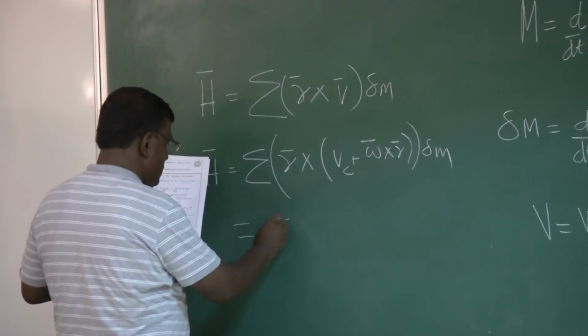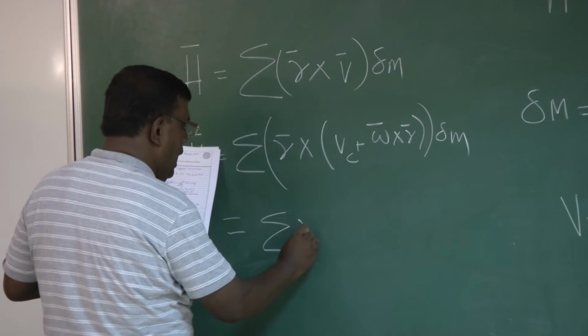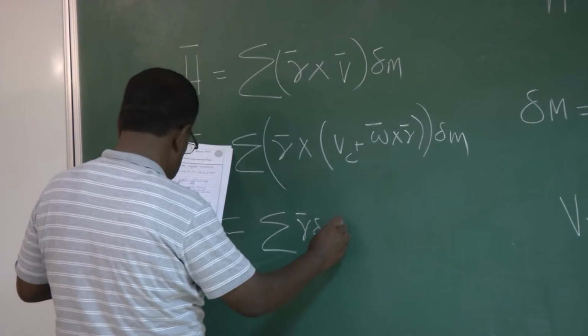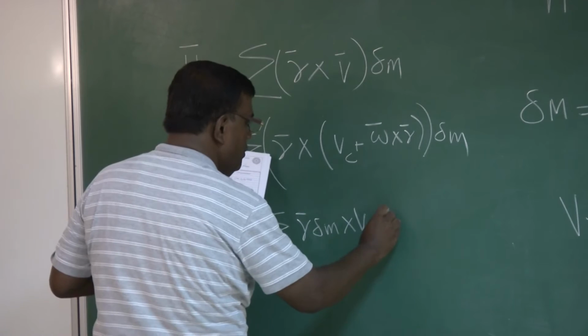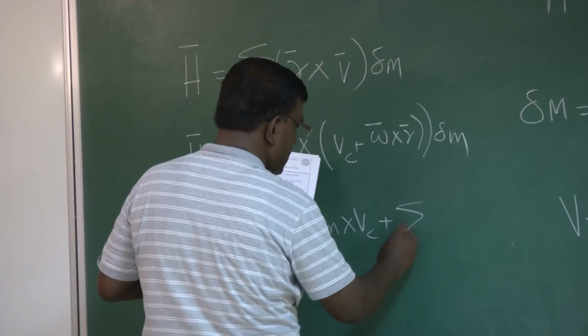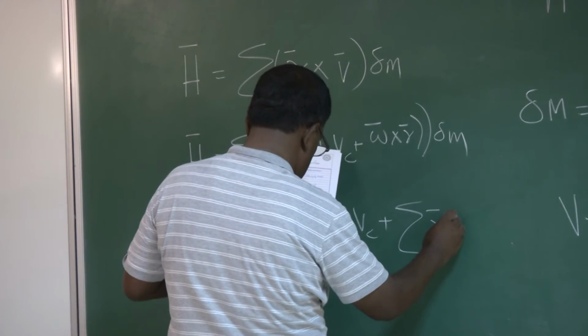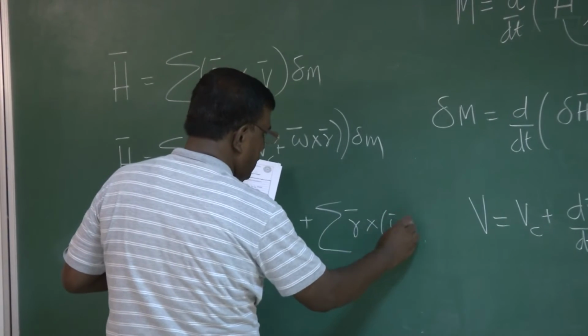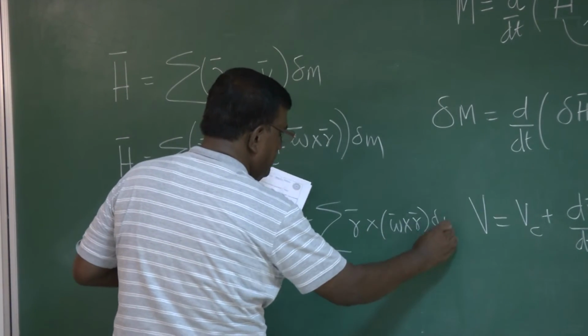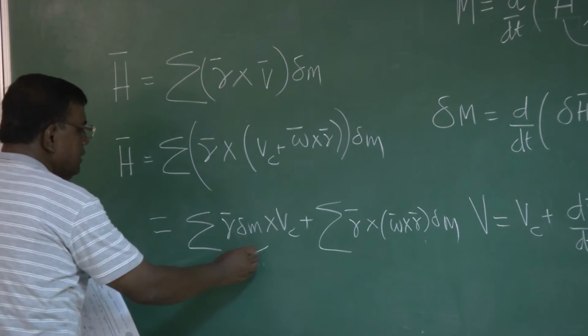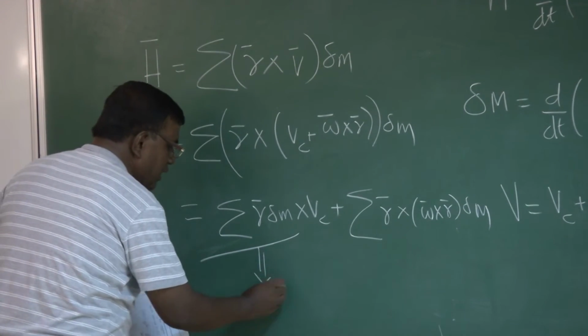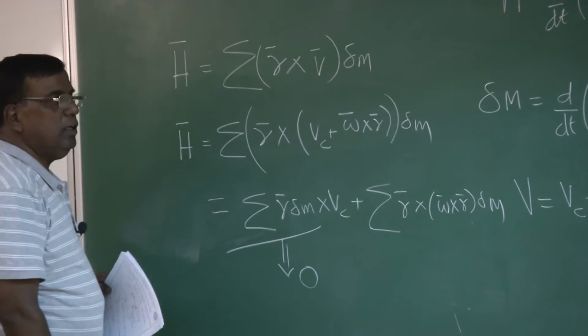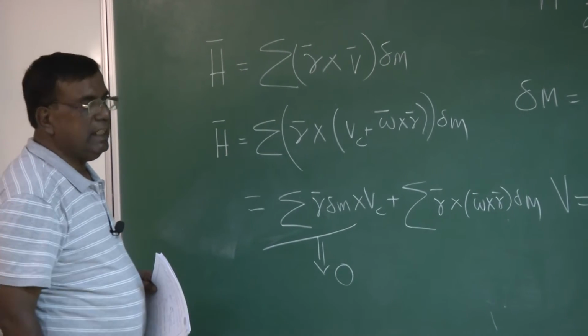I get summation of R dm cross Vc plus summation R cross omega cross R dm. By now you are smart. Summation R dm is, by definition of center of mass, 0 because you have located the axis at the center of mass.